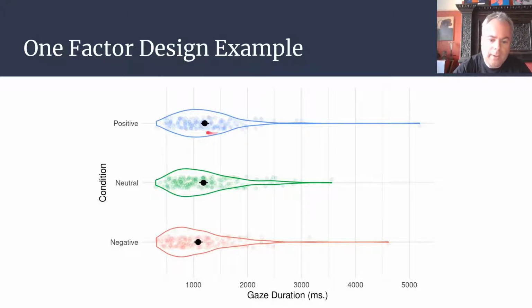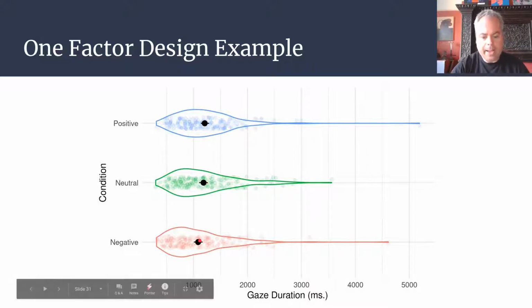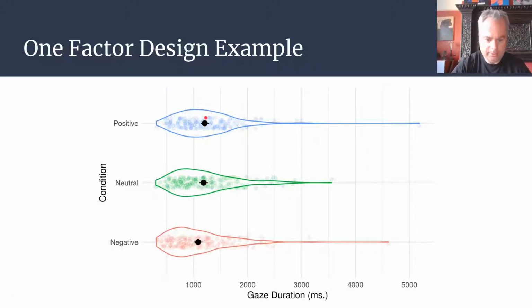I've also added a black dot corresponding to the mean for that experimental condition and confidence intervals bootstrapped around the mean. So we can see visually that the positive condition looks a little bit longer than the neutral condition, which looks a little bit longer than the negative condition.